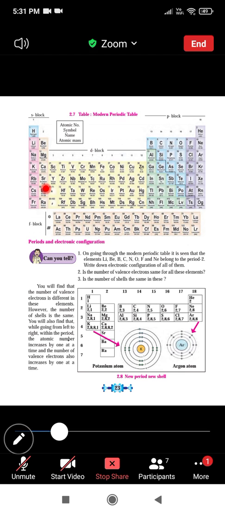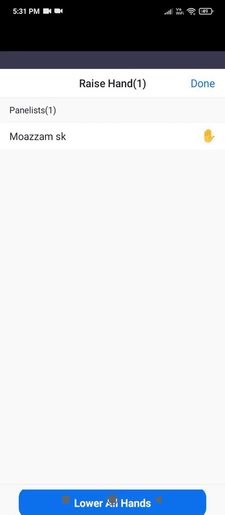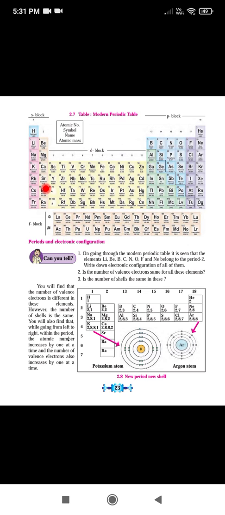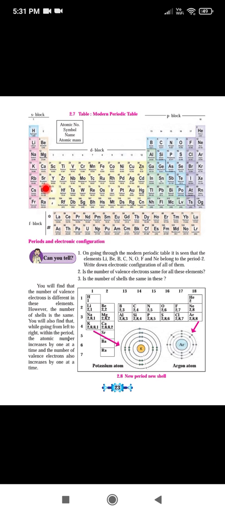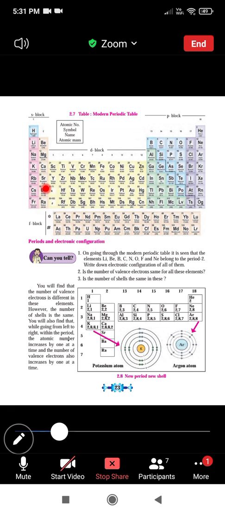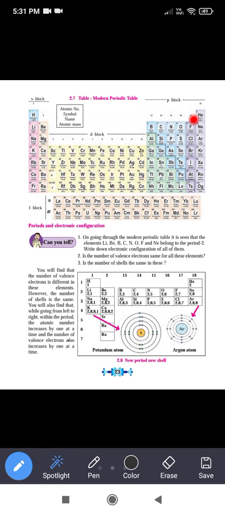Now see, first and second group elements. First and second group elements are called the S block elements. Now see the 18th group elements. The 18th group elements include the inert gases, or you can say the ideal gases.